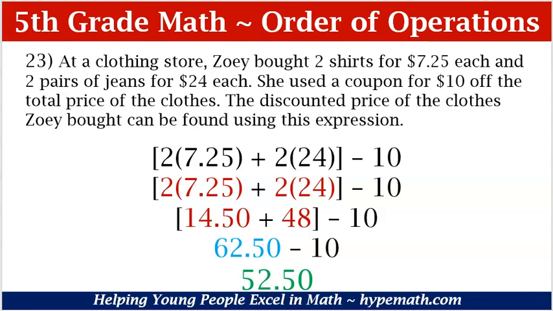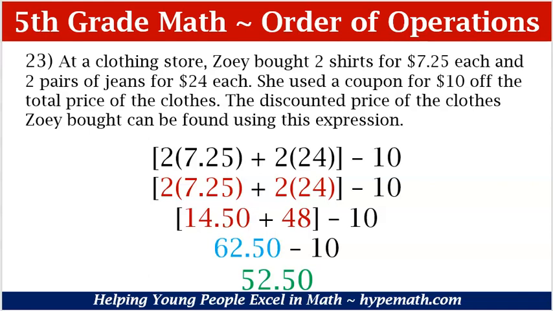$14.50 plus $48 is equal to $62.50. That gets rid of our bracket, and now we are left with $62.50. That would have been the original cost.